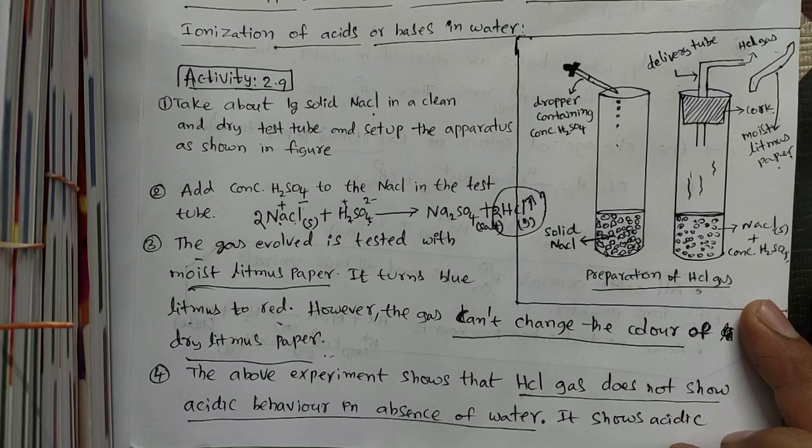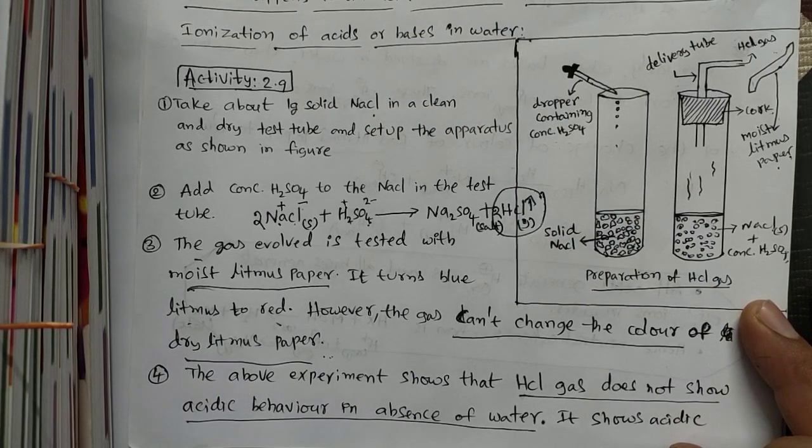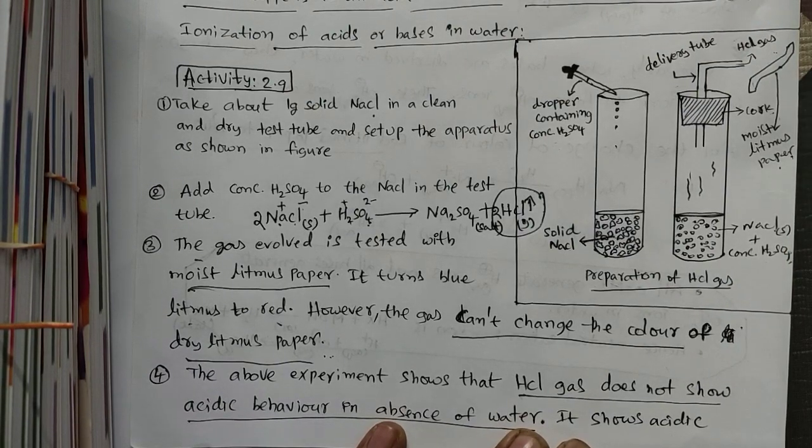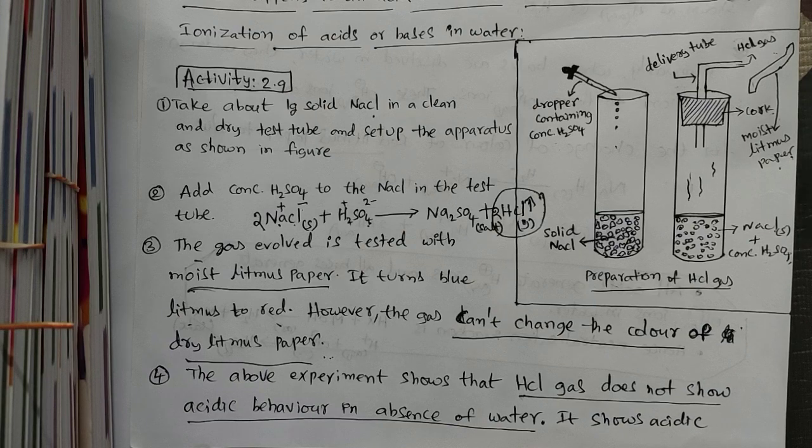The same gas changes the color of the litmus when moist or wet litmus paper is used. However, the same gas is unable to change the color of the litmus when dry litmus paper is used. Let us see what could be the answer.